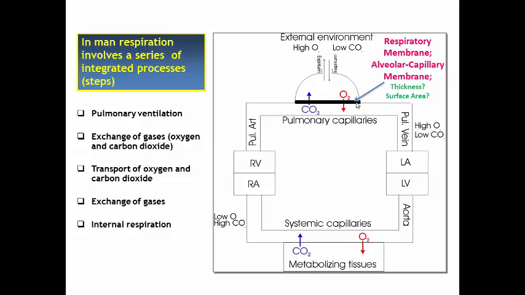However, it is very, very thin, and this favors the diffusion of oxygen and carbon dioxide. It is approximately 1 micrometer, or 1 micron, in thickness. By 1 micron or 1 micrometer, we mean 1 multiplied by 10 to the power of -6 of a meter.